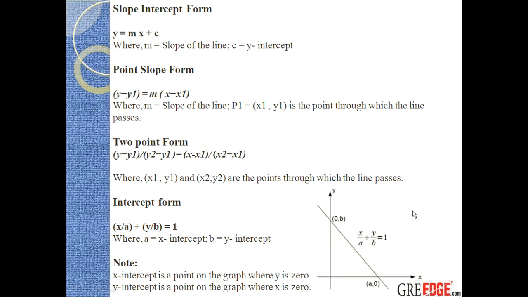Oh yeah, Raviji. Actually, in point slope form, the slope of the line is given, that is denoted by m, and another point is given, x1 comma y1. That point lies on the line. Then you can derive the formula as y minus y1, the y coordinate of the point, equal to the slope of that line into x minus x1, that is the x coordinate of that point.